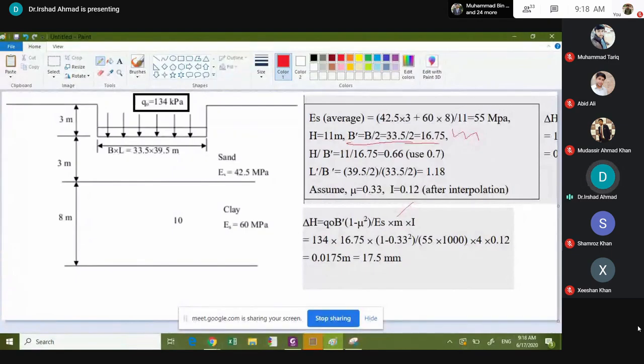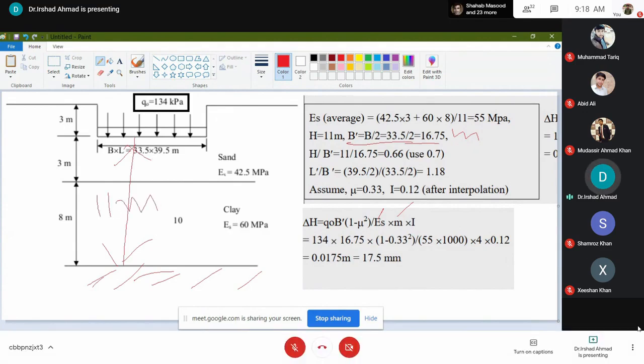Okay. Now, there is ES. What is the value of ES? How to find ES? For ES, you must know first H. This is the hard stratum. It is given, it is hard stratum. Depth to the hard stratum from the base of the footing is how much? That is 11 meter. So what is the ES value?